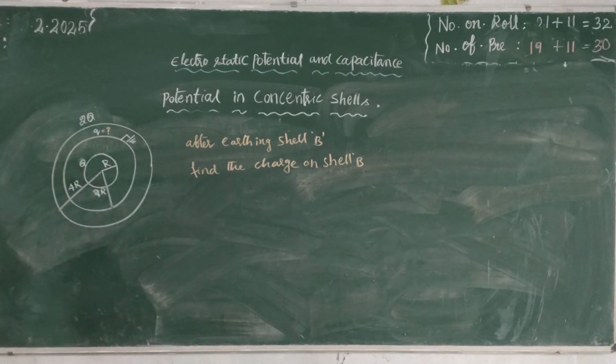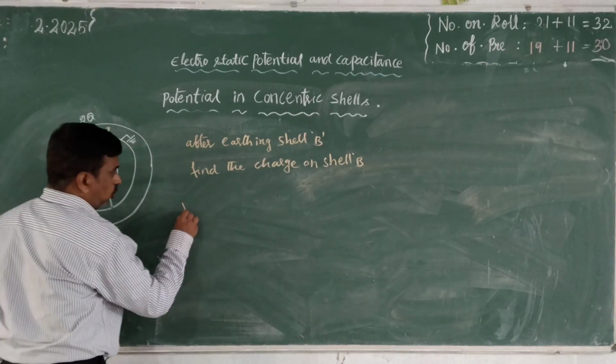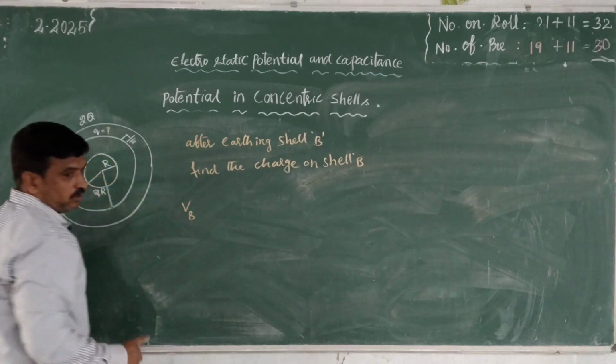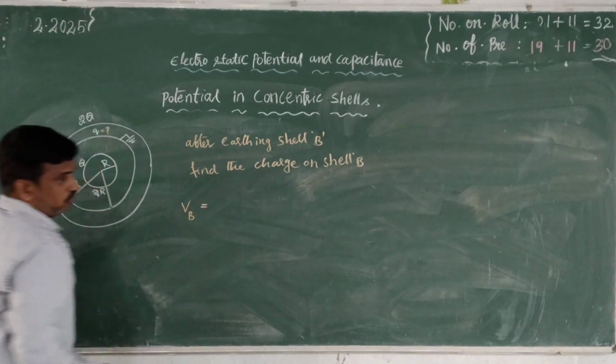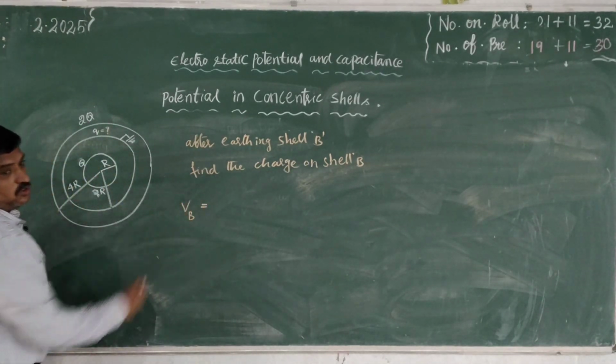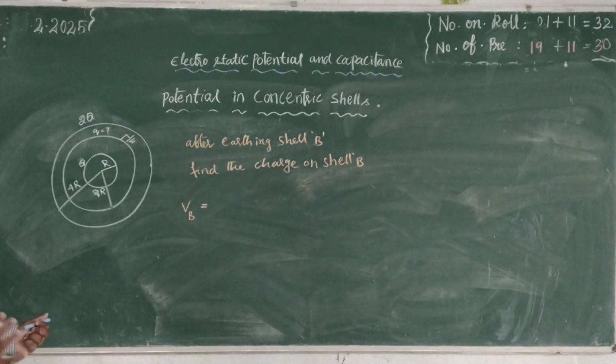For that we take q charge on surface B. Potential on B is zero because of earthing. So first we find the potential on B, then equate it to zero, and we get the charge on the second surface.